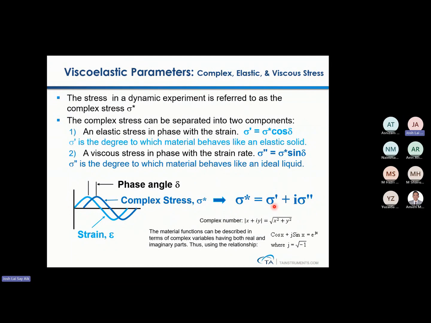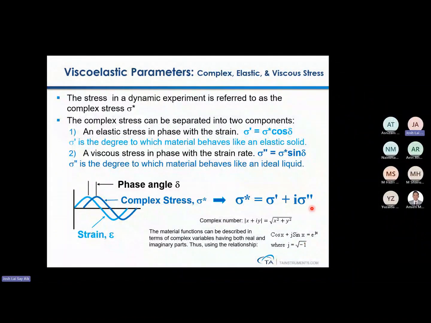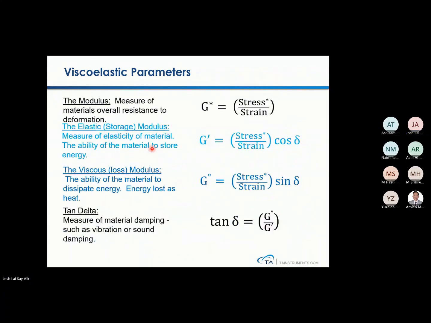The real part is going to be your elastic stress, and the imaginary part is going to be your viscous stress. With the elastic stress and viscous stress over a ratio with the strain, you're going to have the elastic modulus or storage modulus, and the viscous or loss modulus, which is the energy lost as heat.